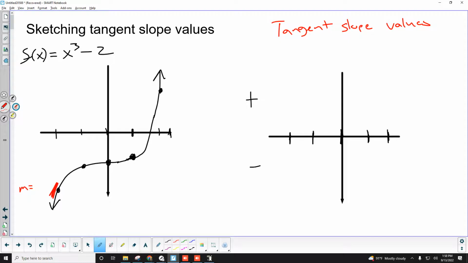Cool? And he didn't know the value of this number, but he knew a characteristic of that slope. Tell your neighbors, what's a characteristic of that slope? It's positive. Very good. So he thought, okay, if my slopes are positive, I'm going to plot a positive y value for this new graph, this tangent slope values graph. Positive y value above -2, you know what I'm saying?